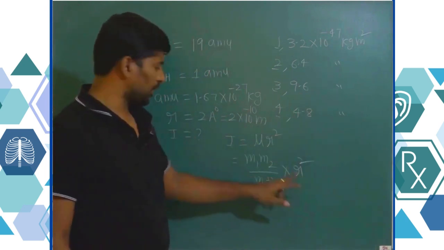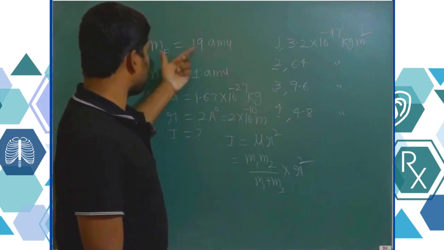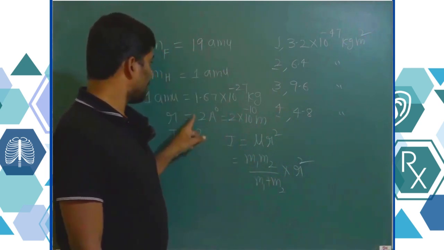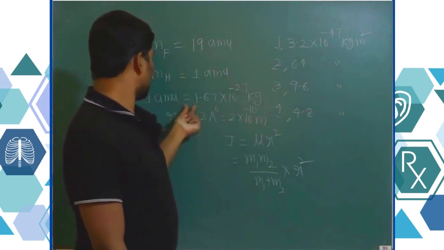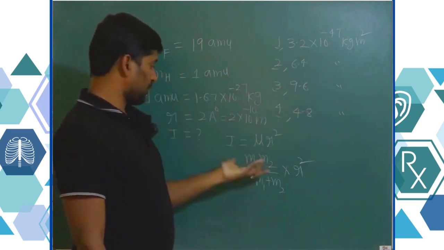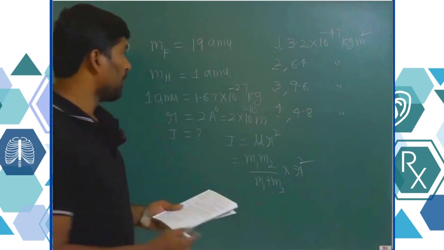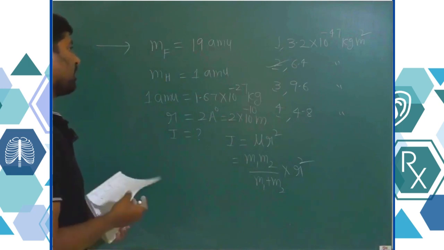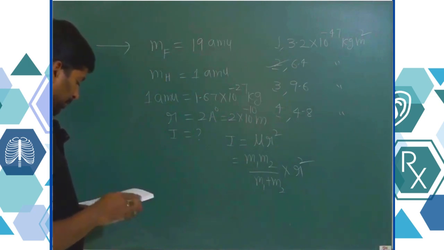M1, M2 values are also given, 19 into 1 by 19 plus 1 in atomic mass units, but options are given in kgs, and that conversion is also given. You may substitute in that equation. You will get option B, 6.4 into 10 power minus 47 kg meter square.